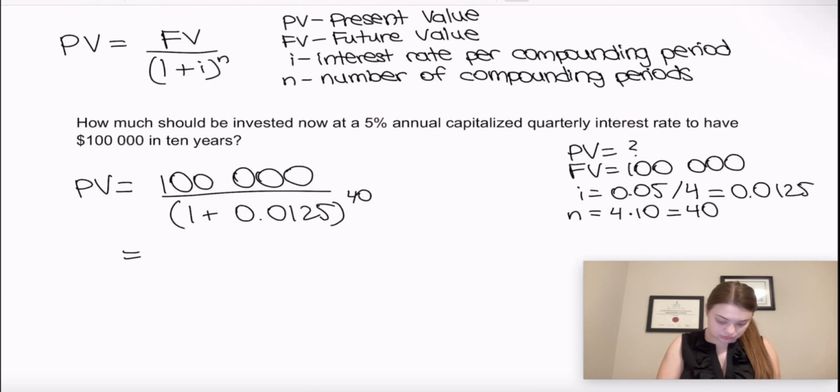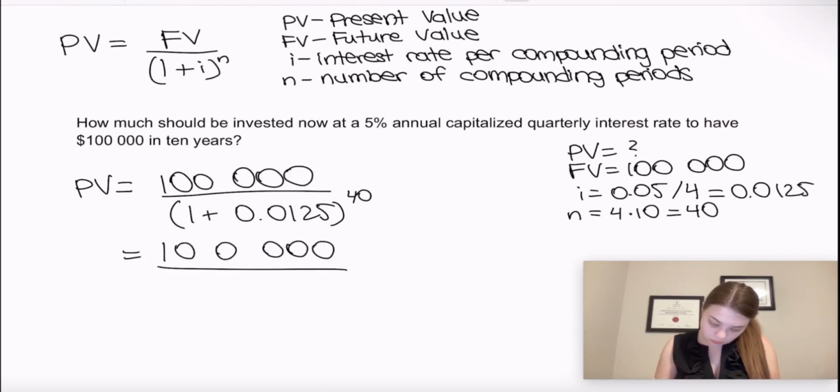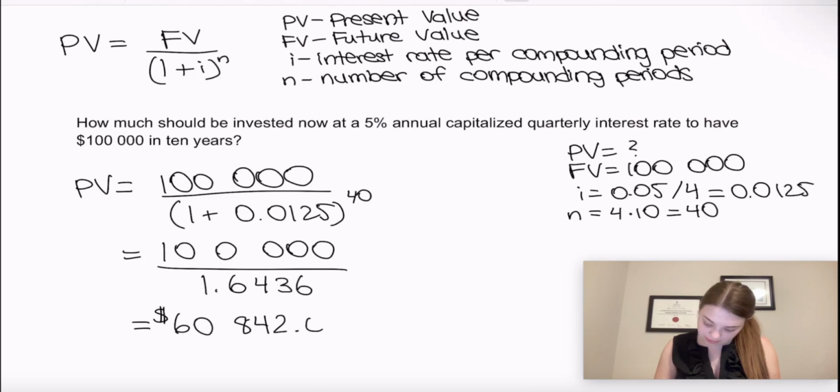So then we're going to figure out the denominator. The denominator is going to be about 1.6436 approximately. So $100,000 divided by 1.6436 is equal to about $60,842.05.